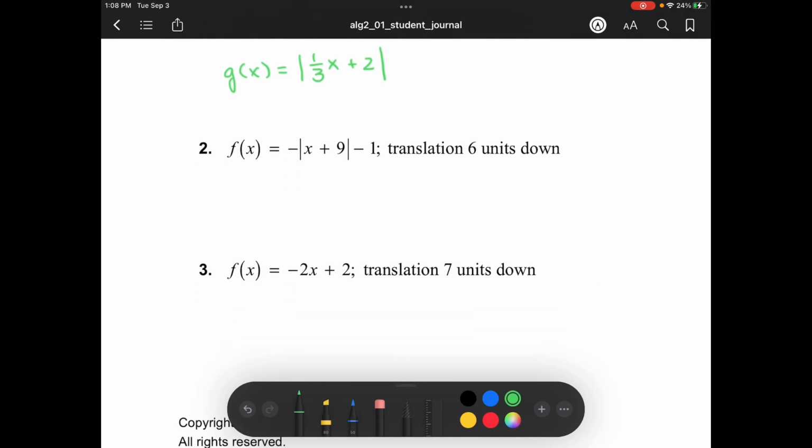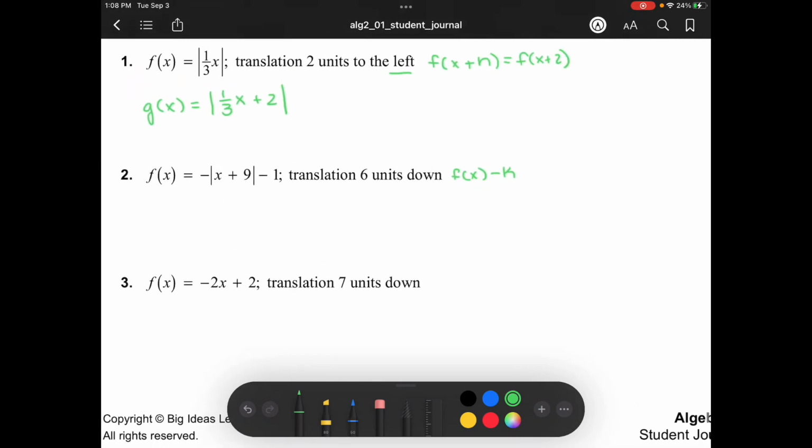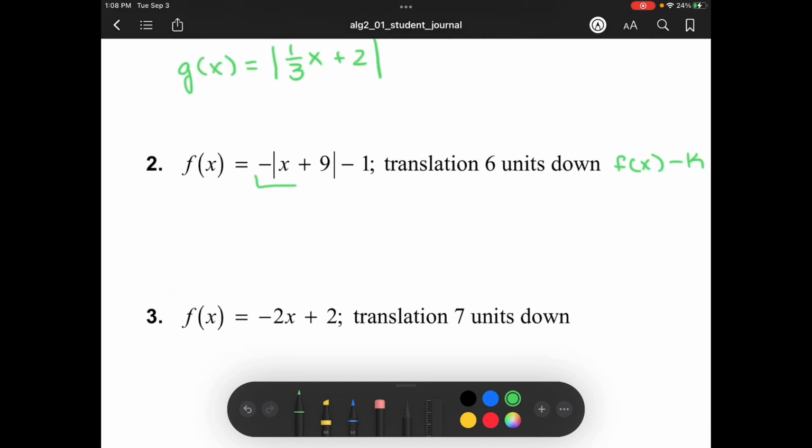The next one that we're going to do is 6 units down, so that would look like this. Okay, which becomes f of x minus 6. So that means we're going to take the entire function and subtract 6. So this is going to be g of x is equal to negative x plus 9 minus 1 minus 6.